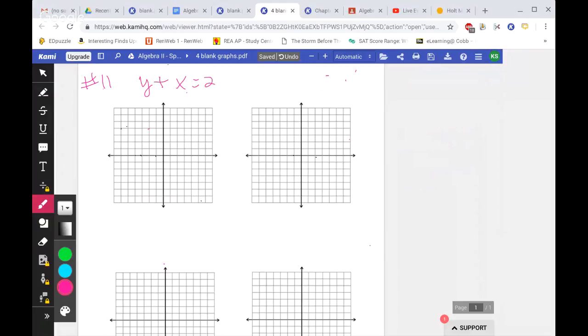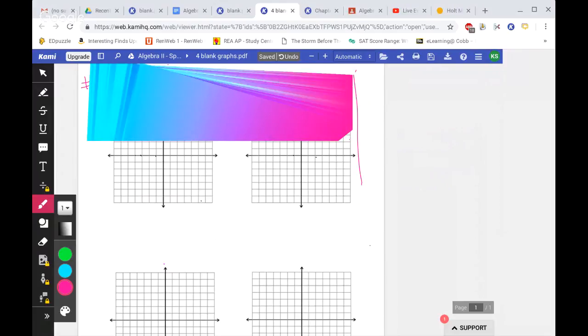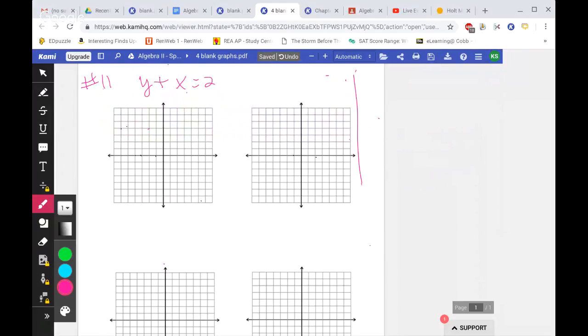We get into that in the later part of the homework. So we can pick any x's that we want to in this XY table, because the domain is not limited.